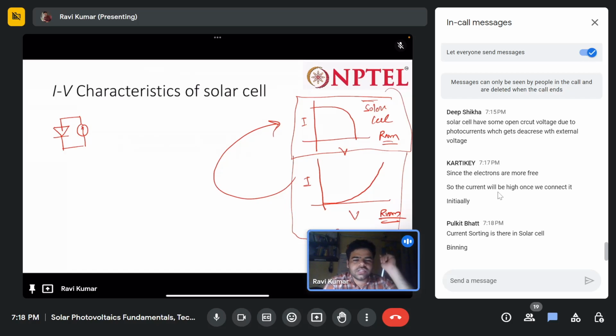See, Karthik, you just need to understand one thing. Here the x-axis is not time. So how can you say initially and at a later stage? If it is a curve between I versus time, then we can say it has high current initially then decreases. But it is not the same case with a solar cell.